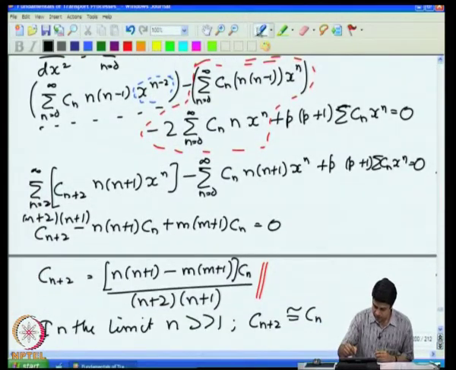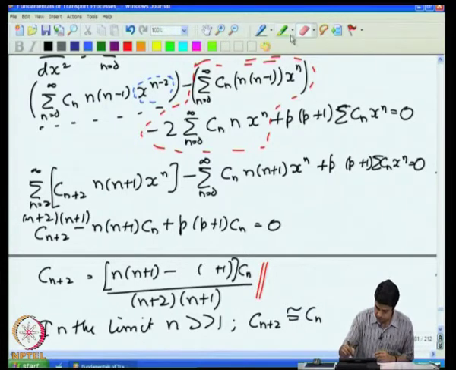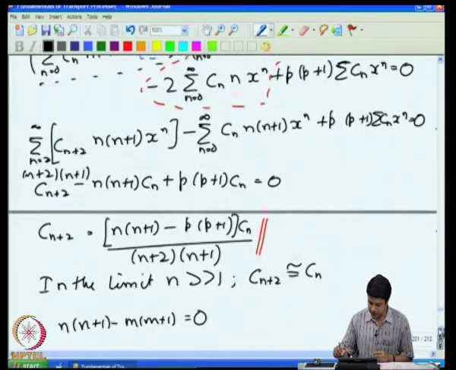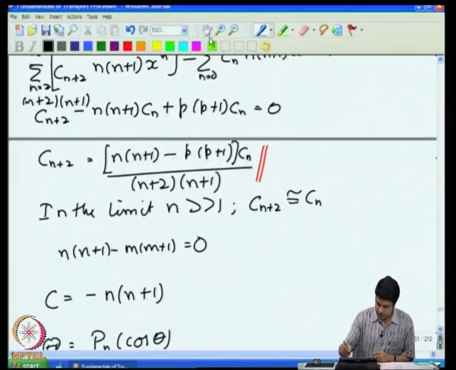And I showed you that in the limit of n becoming large, this series expansion will converge only if this coefficient is of the form minus p into p plus 1.